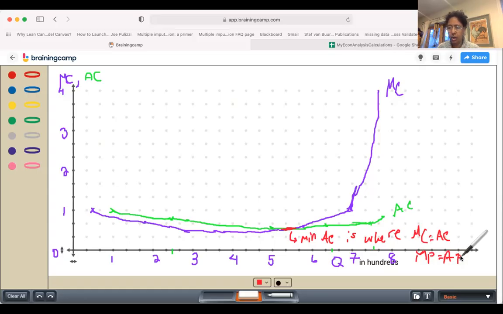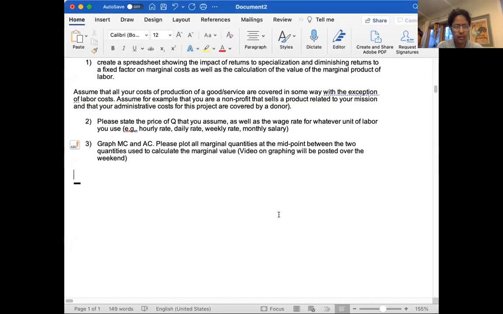Once the marginal cost is being dragged up above average cost at this point, then it's going to drag up the average costs. This is going to be important when we look at competitive markets. Right. So let's make sure, I think we have talked about everything I wanted to talk about in this activity. So graph marginal costs and average costs. Okay. And so we're going to stop there.